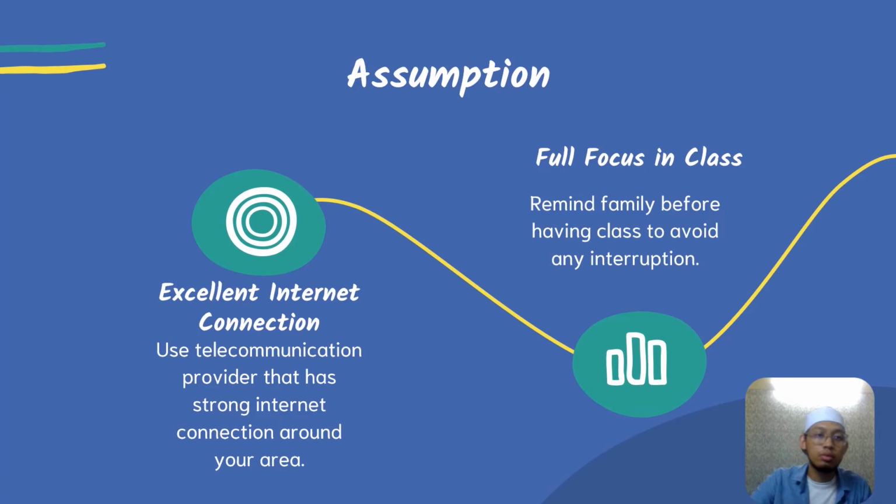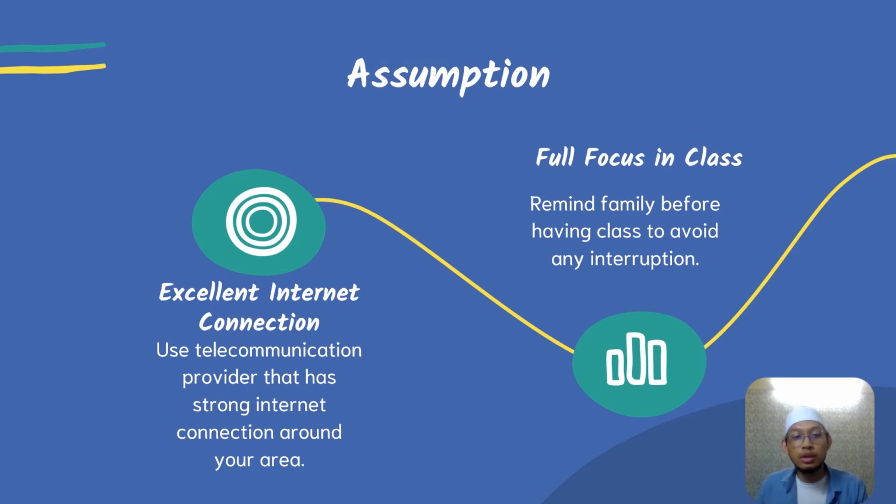So the last step is we solve the problems under the reversed assumptions that we made in the second step. First, the student with an excellent internet connection. What are the characteristics of a student that has an excellent internet connection? We have to be clear about that.